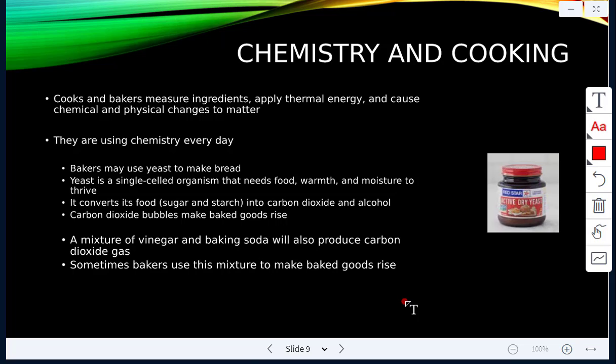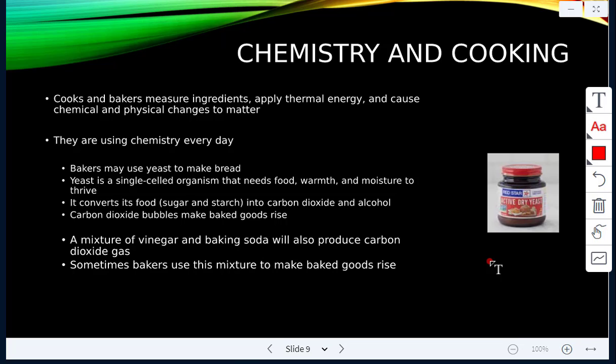For example, bakers use yeast to make bread. Yeast is a single-celled organism. It needs food, warmth, and moisture to live. It converts its food, which is sugar and starch, into carbon dioxide and alcohol. It's that carbon dioxide, the bubbles that we see when we're baking, that allows baked goods to rise.